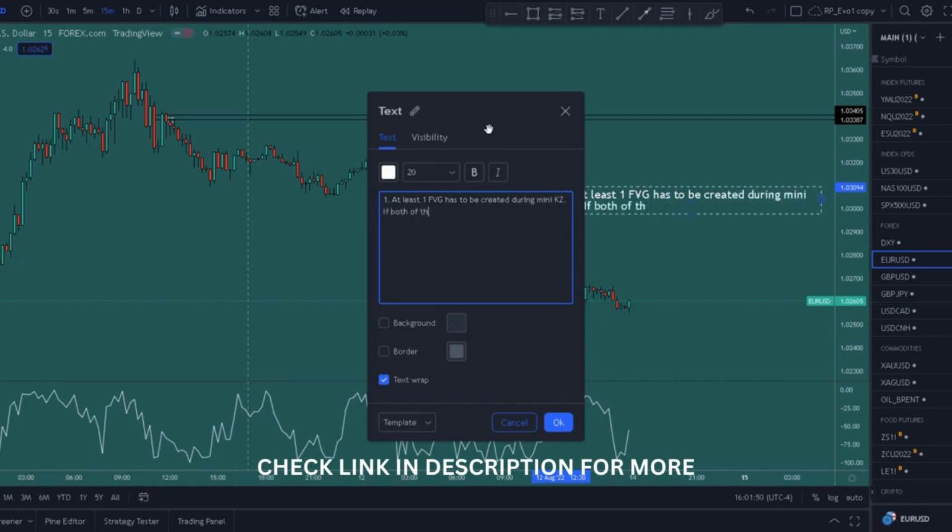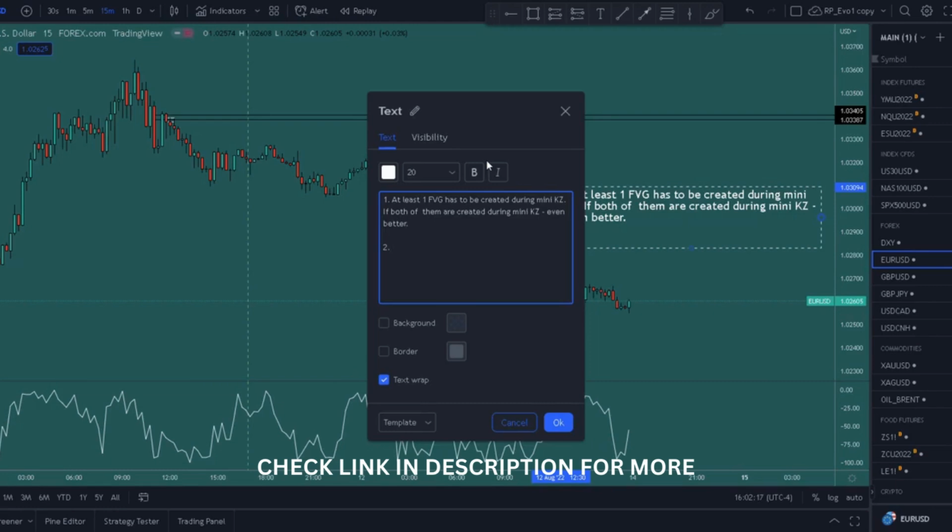If both of them are created during the mini KZ, even better, of course, right? But at least one. So that's one thing that can differentiate a good trade.